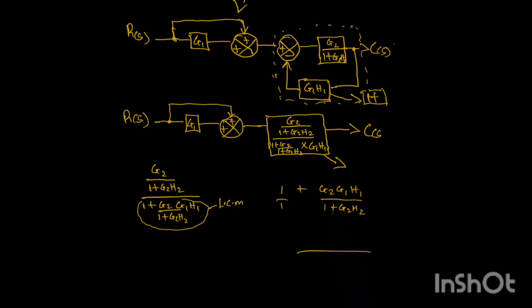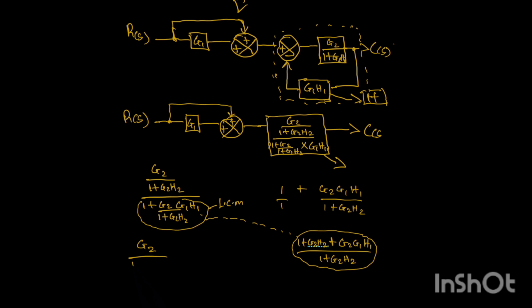Collecting the LCM, using this denominator 1 plus G2H2, this divided by this times 1, we have 1 plus G2H2, plus this divided by this times this, we have G2G1H1. I'm just taking my time to do this for those that may not know how to resolve this. So what I'm now going to do is carry this and replace it with this.